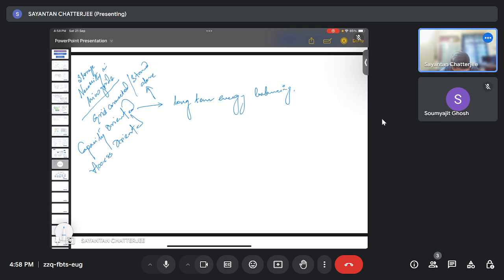To balance low frequency oscillations or to compensate the intermittencies.